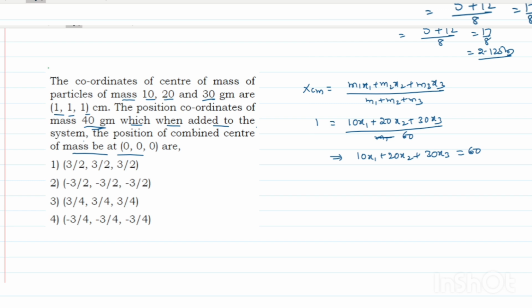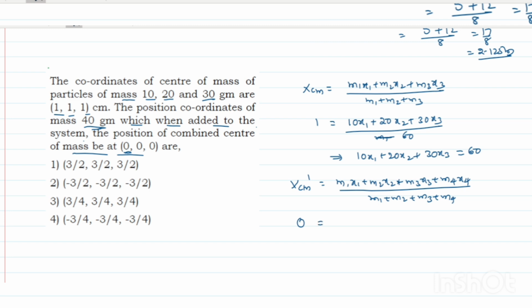Now let us take XCM dash. After adding the fourth particle, you can write it as m1 x1 plus m2 x2 plus m3 x3 plus m4 x4 by m1 plus m2 plus m3 plus m4. The new position of the center of mass is 0, it's given.